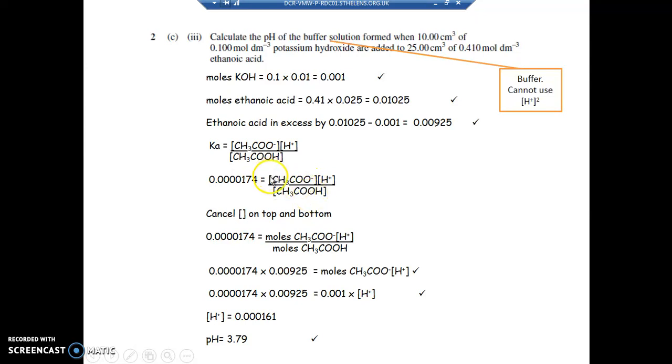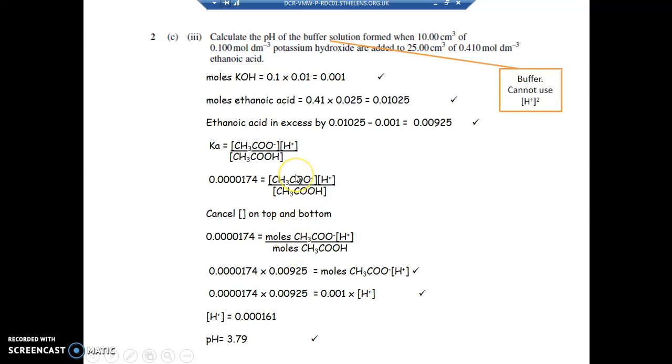Now, I cancel a square bracket on the top and a square bracket on the bottom. Those are the ones that are cancelled: the square brackets on my CH3COO minus and on my CH3COOH, from the top and the bottom. My H plus concentration stays the same; I'm not cancelling that. It changes concentration into moles.